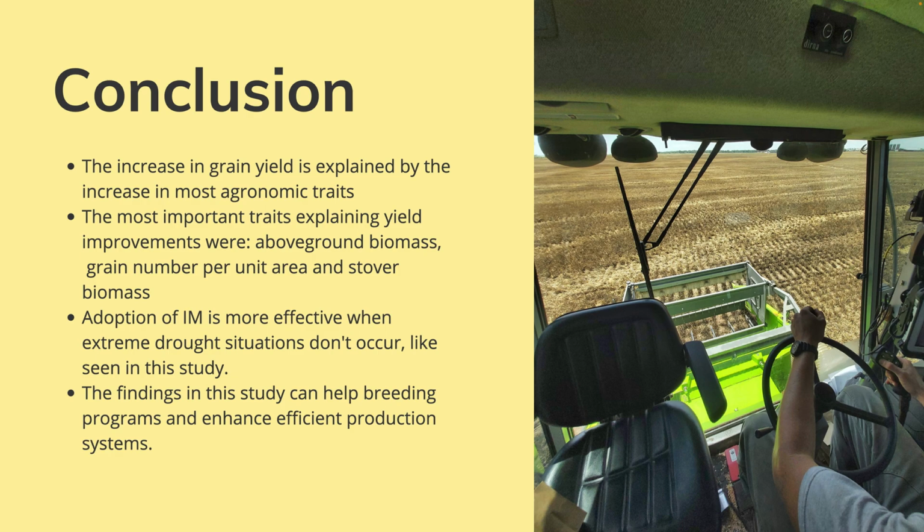We had extreme drought conditions, and this is probably one of the reasons why we didn't see significant differences when comparing yields in center management with intensive management. They were similar because of the extreme drought that we had.